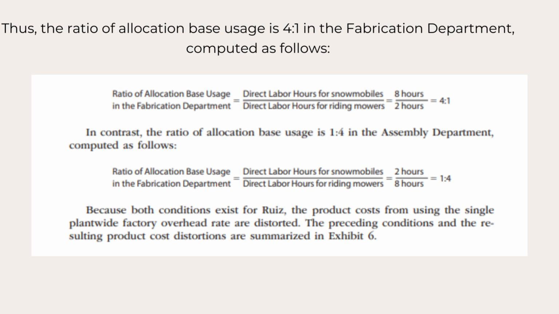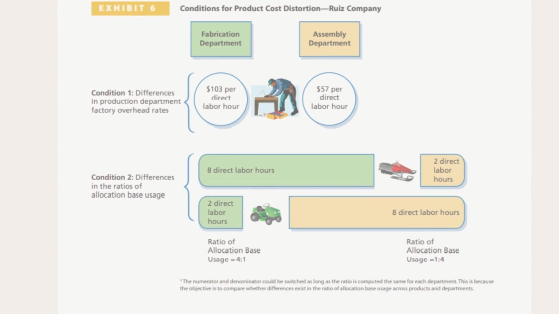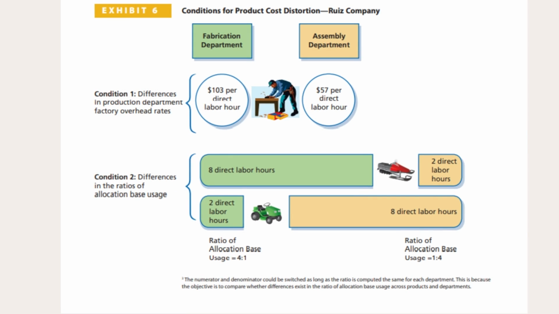So we can see that there is undercosting, which means the snowmobile is not allocated enough cost and is undercosted by $138. On the other hand, the riding mower is allocated too much cost and is overcosted by $138, as shown in the illustration. So the single plant-wide factory overhead rate distorts product costs by averaging high and low factory overhead costs.